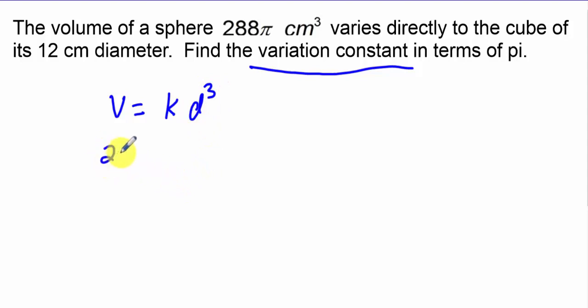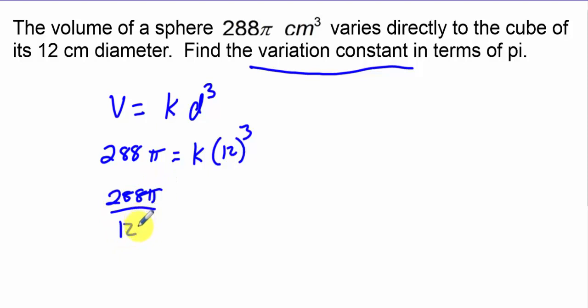So then I take 288 pi, set that equal to k times 12 cubed, and the answer will simply be without units because it's constant.